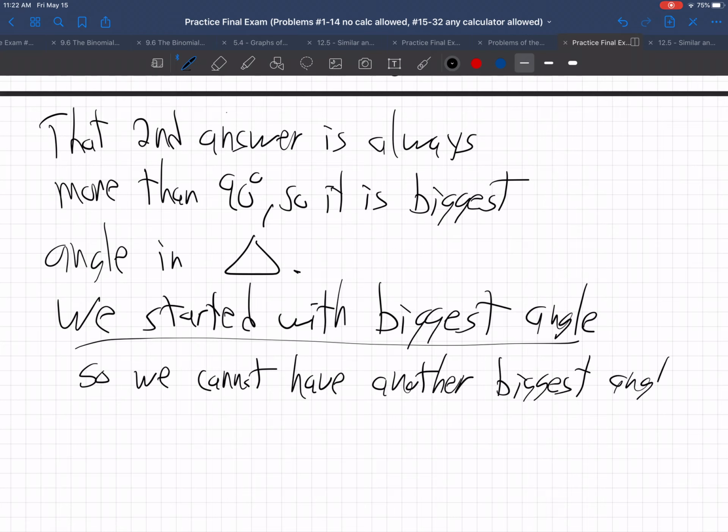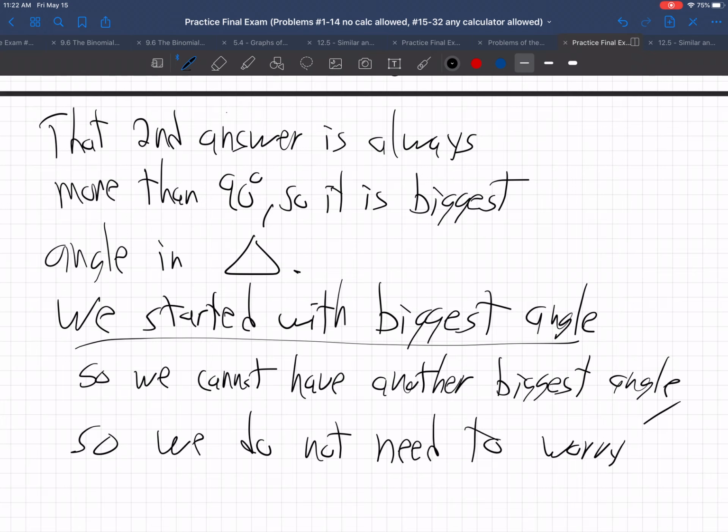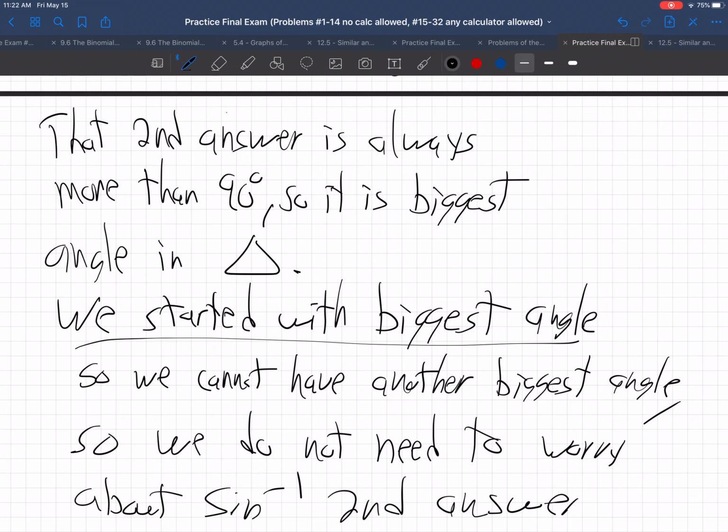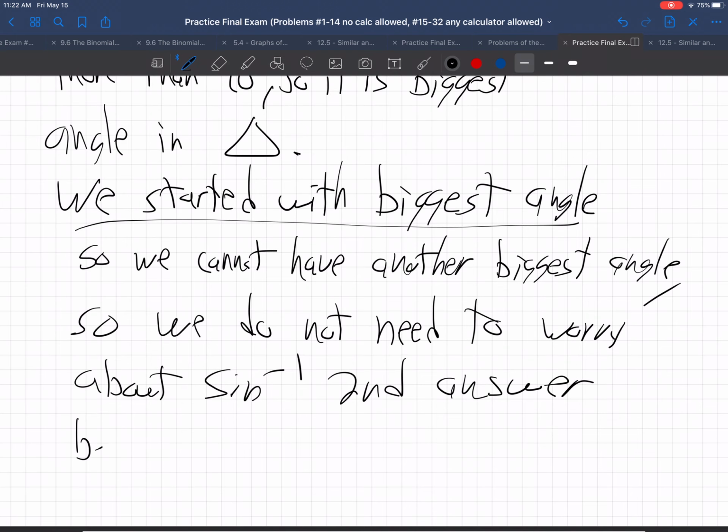We've already got the biggest angle. So we do not need to worry about the sine inverse second answer, because it must be impossible.